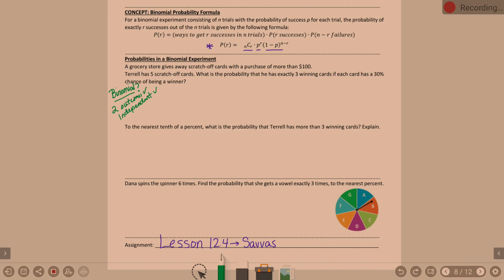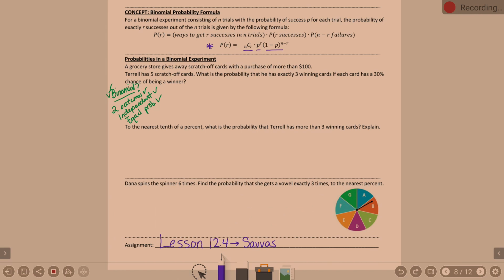And yes, because, actually it says each card has a 30% chance of being a winner. So you have that probability every time. Okay? And you either win or you don't win. So equal probabilities. So yes, this is a binomial experiment. So yes, I can proceed with my formula.